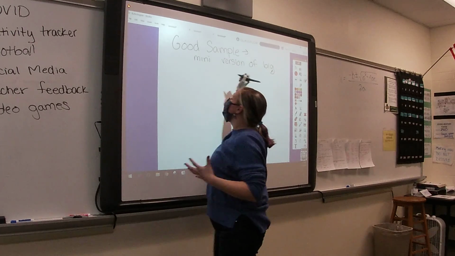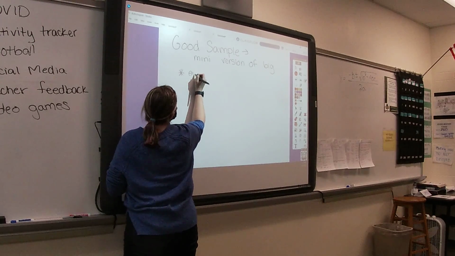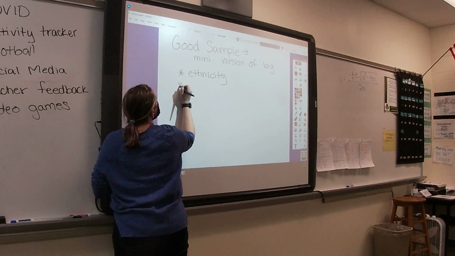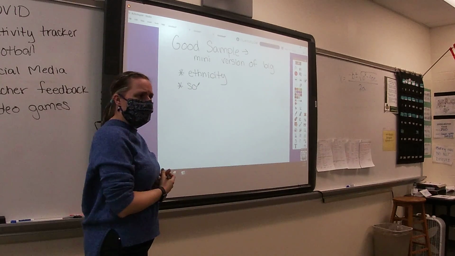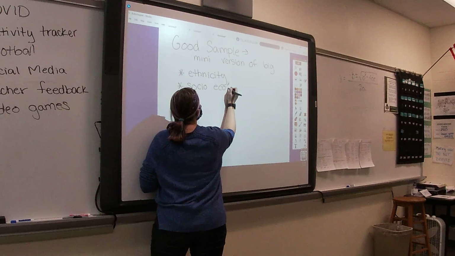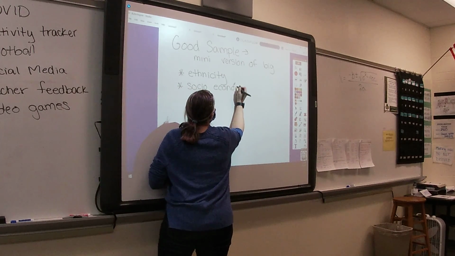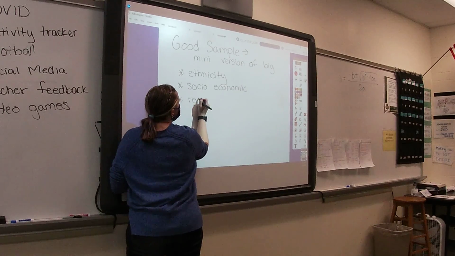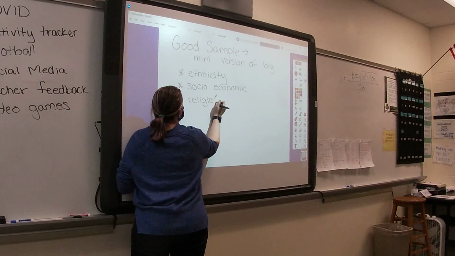Which means we are considering things like ethnicity, socioeconomic status. What's socioeconomic status? Do we know what that means? Income, money. We are maybe considering things like religious beliefs.